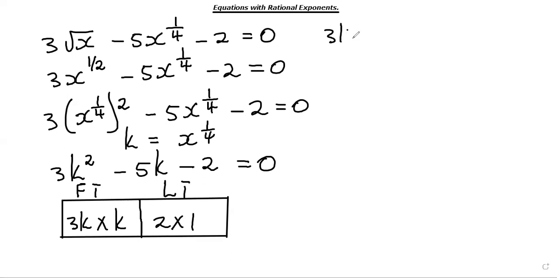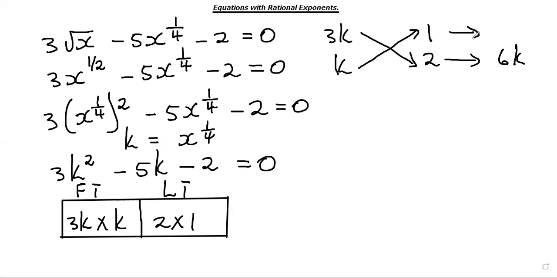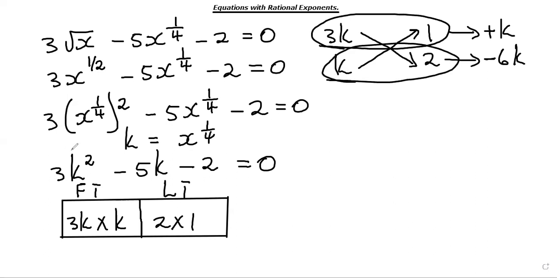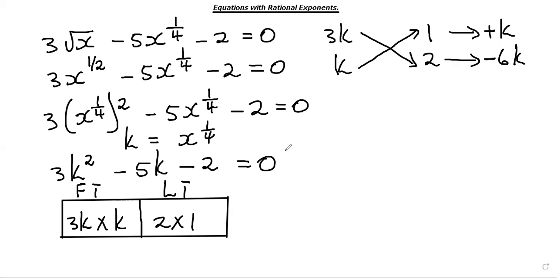So I'm saying 3k will be multiplied by 2 so that we get 6k, and k will be multiplied by 1 so that we get k. But in order for us to get negative 5k, it means this one has to be negative and this one has to be positive. So this is our first factor, and this is our second factor of this quadratic equation.